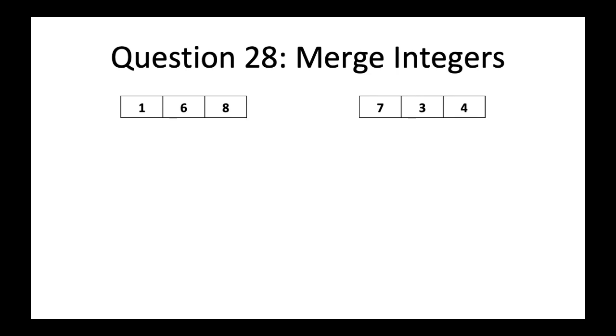Therefore, we need to manipulate the integers, and the way we do that is using integer division and modulus. I hope you guys remember how to use integer division and modulus, and I hope you guys remember that in Java, we do not have the double slash for integer division. In Java, we actually have just a single slash, and when you are given an integer and you're dividing by an integer, you're going to get an integer.